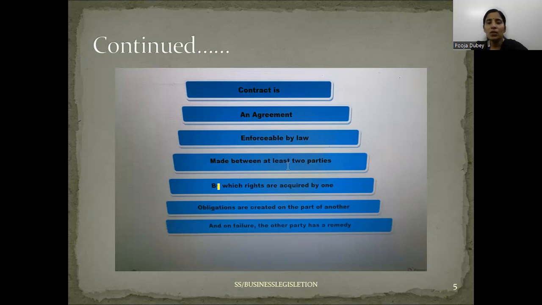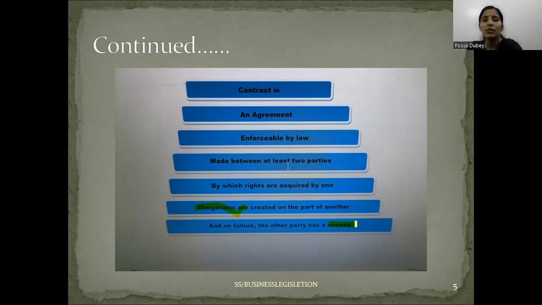But what is common in all these contracts is that if one party fails to perform their obligation, the other party has a remedy. In a social kind of agreement, like if someone invited you for a party or to visit their home and you have not gone, no mandatory obligation is created, and on failure you will not get a remedy.